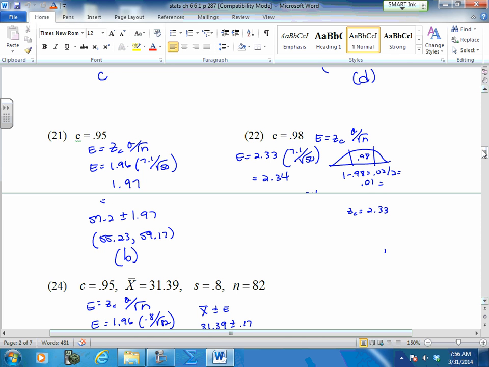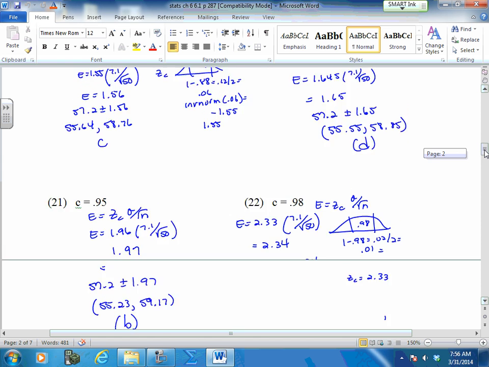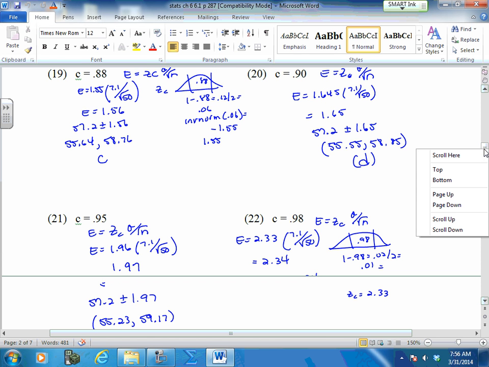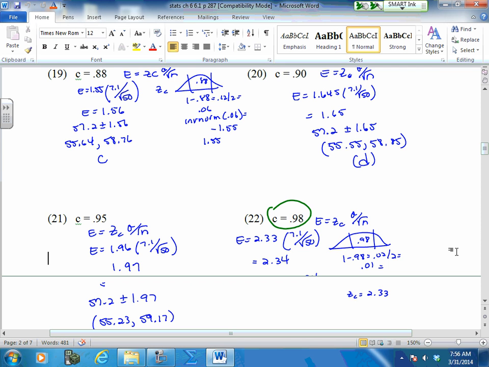Alright. 19 through 22. It was just matching these up. Oh, actually, we just did this one and oh, sorry, we just had to match these. Your confidence intervals, remember, the one with the highest confidence level has to have the widest interval.